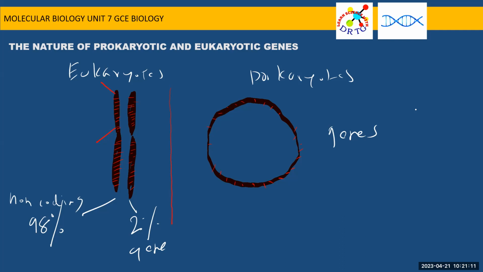Another difference is in the prokaryotes. If there's a gene like this, and there's another gene adjacent to that, and another gene adjacent to that, like this, gene 1, gene 2, gene 3.